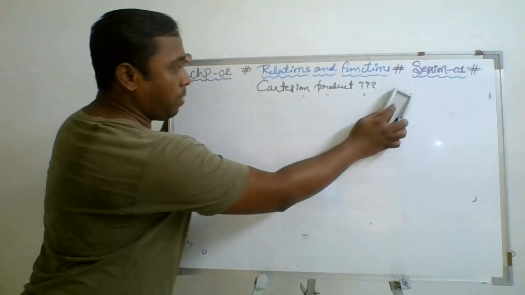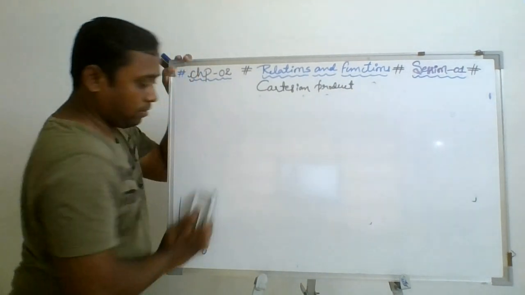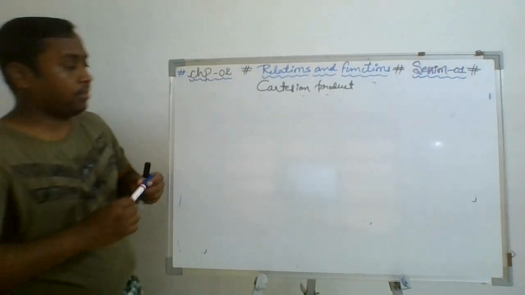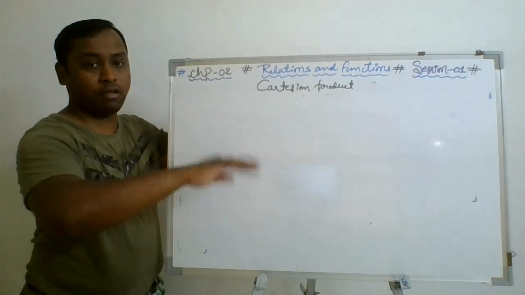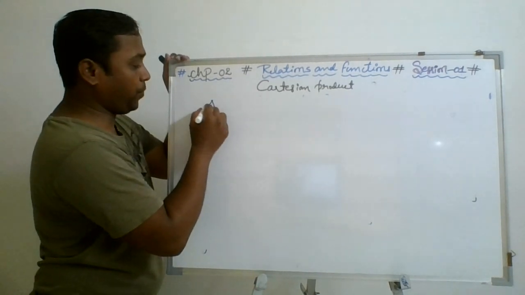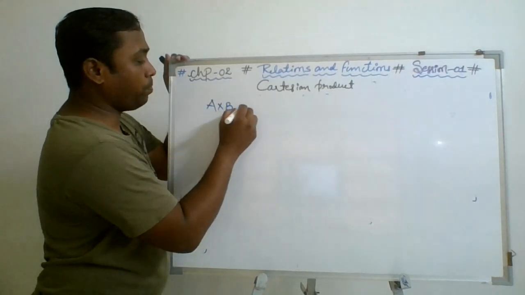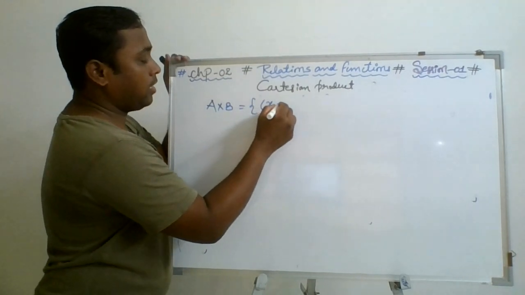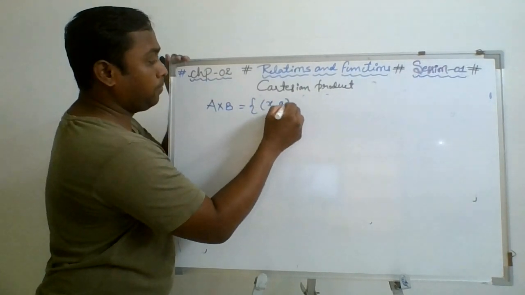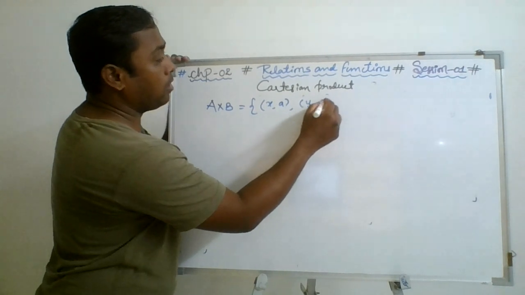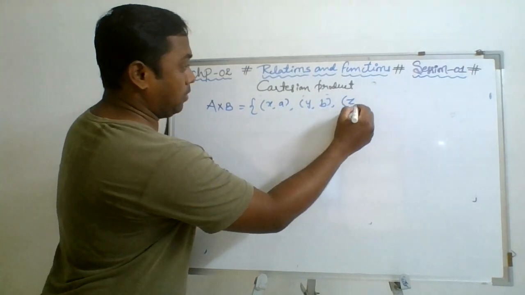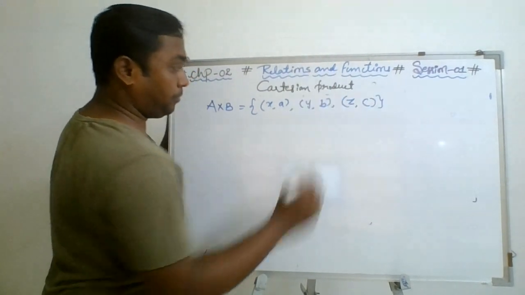Okay, before coming to the combination of three sets, I just wanted to ask the reverse question. I have given you A cross B as (X, A), (Y, B), (Z, C).